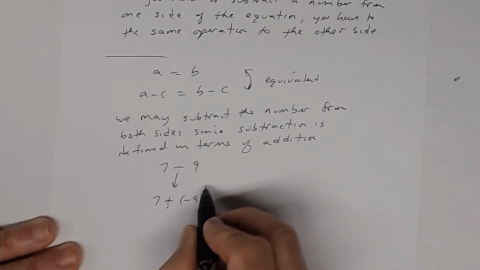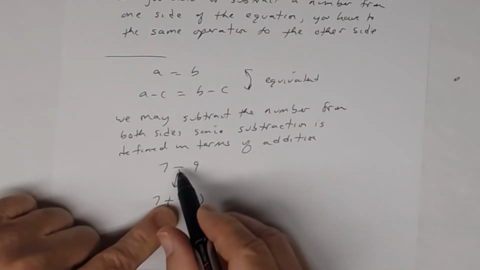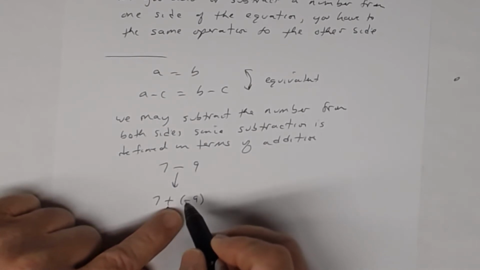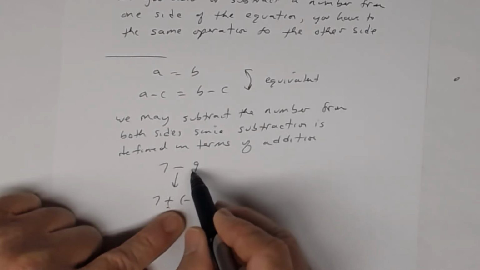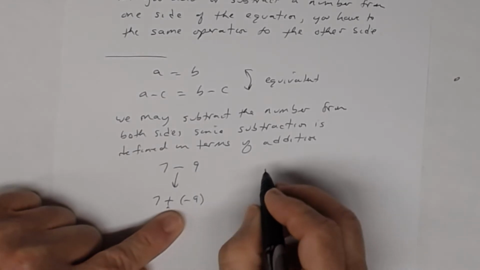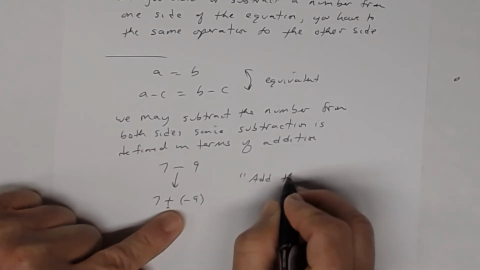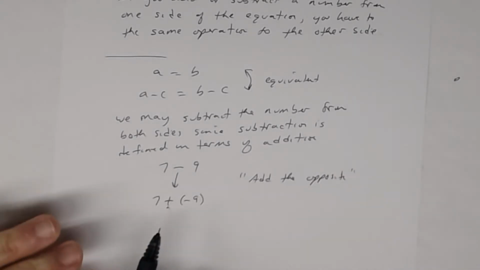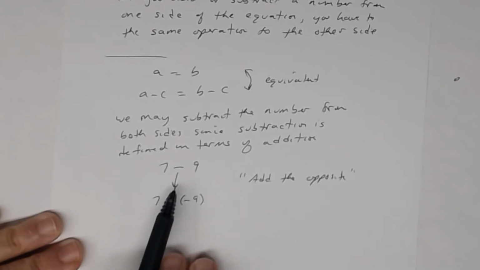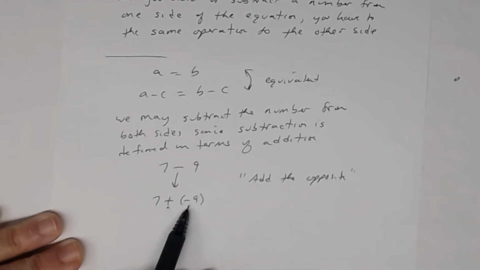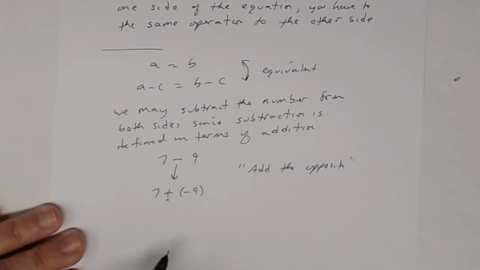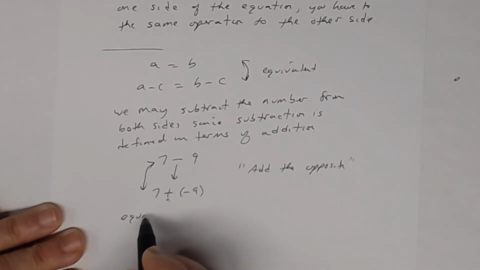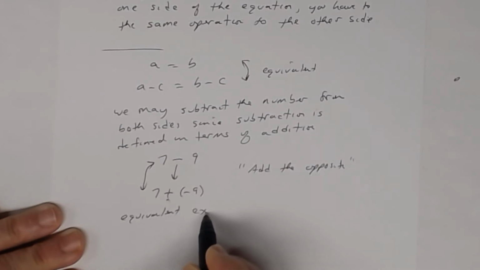What I did here was use the fact that when I have subtraction, I can change it to addition by adding the opposite of 9. The opposite of 9 is negative 9. So remember in previous courses when you changed a subtraction to an addition problem, you added the opposite. So that's why you see a negative 9 there. Okay? And those are equivalent expressions.